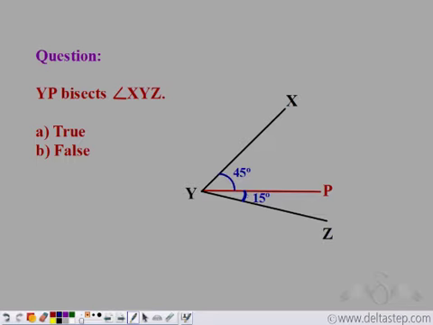The angle made here is 45 degrees. These two are not equal. But we know that an angle bisector makes two equal angles. Hence, this cannot be an angle bisector. So this statement is false. YP is not the angle bisector of angle XYZ.